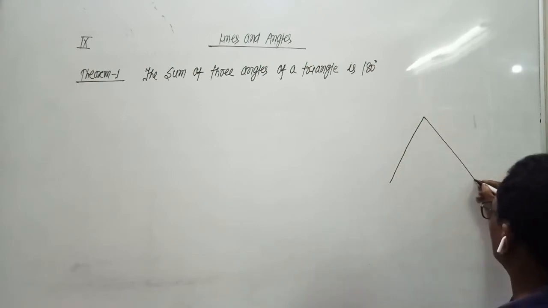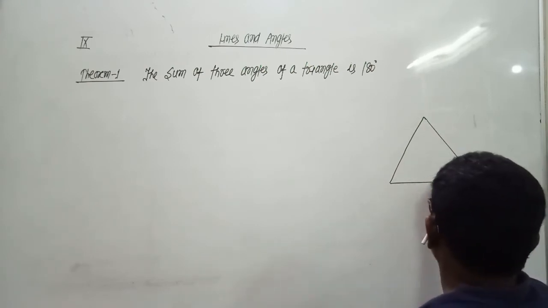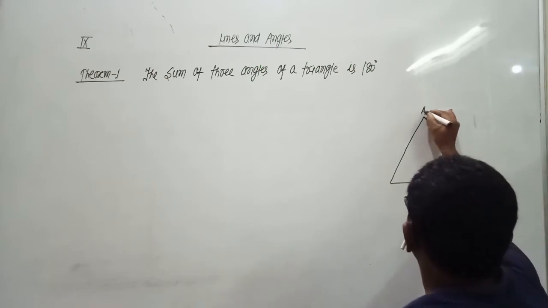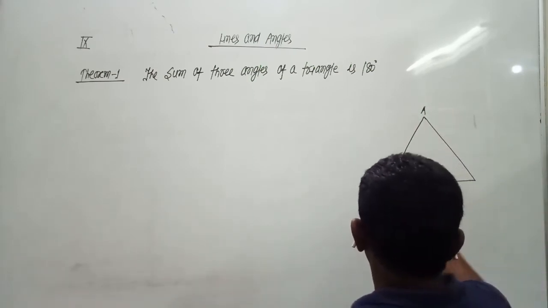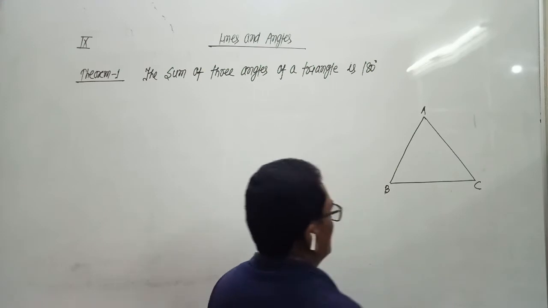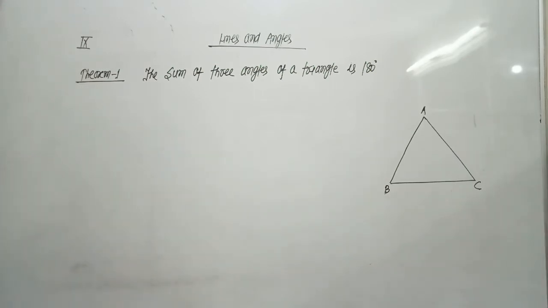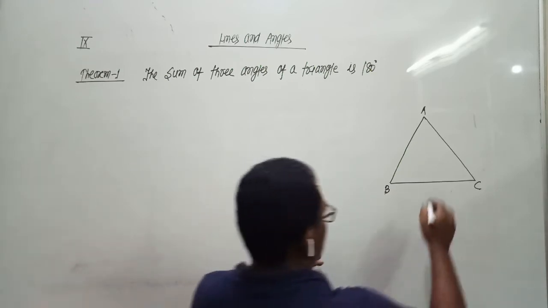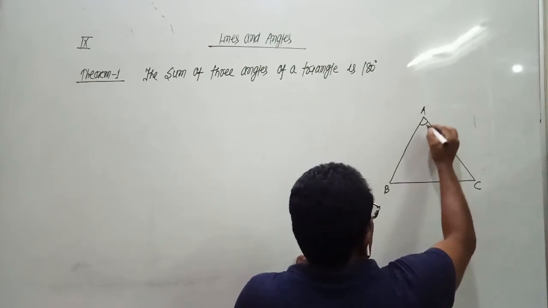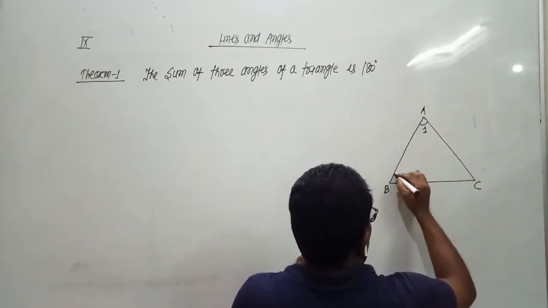This is triangle ABC, in which we have to prove the sum of the angles is 180, and name the interior angles 1, 2 and 3.